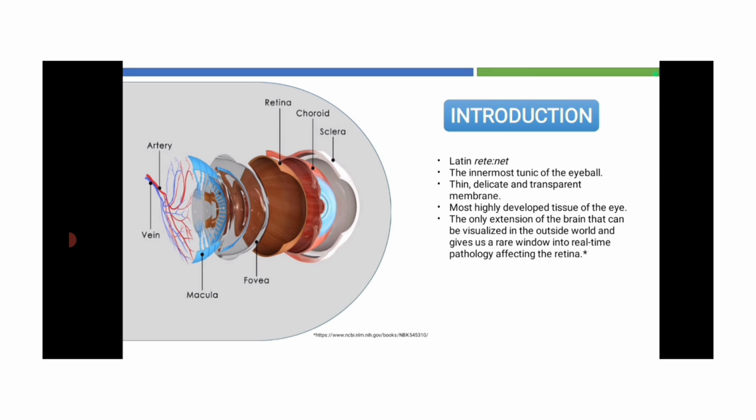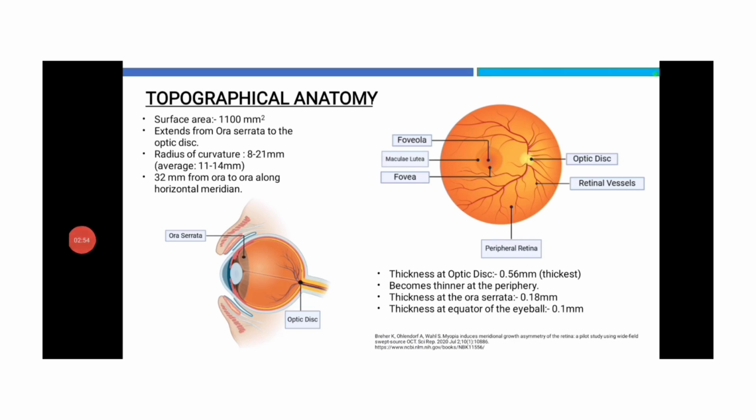By examining it, optometrists and ophthalmologists can detect real-time changes in the nervous system, helping diagnose conditions like diabetes, hypertension, and even neurological disorders. Next, we move on to the topographical anatomy of retina.